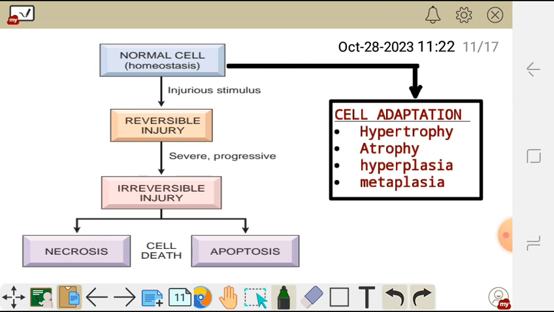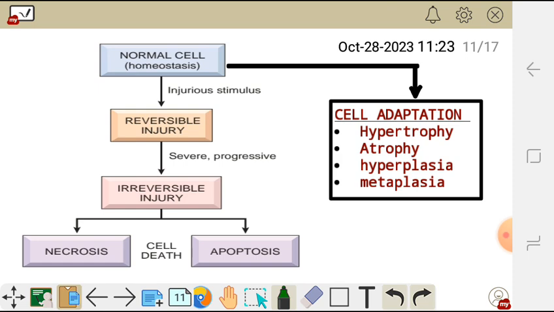Let's say there is a chemical which has been ingested, or a drug. The cell will try to adapt to the environment, and if it fails to adapt, then it is going to have a reversible injury.